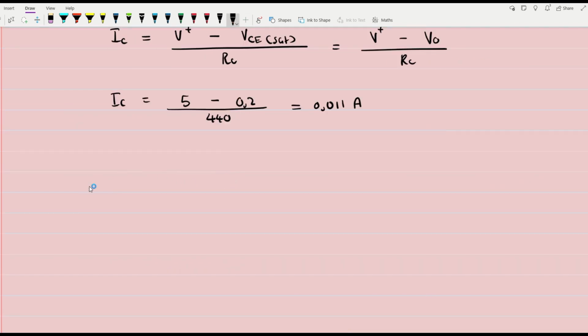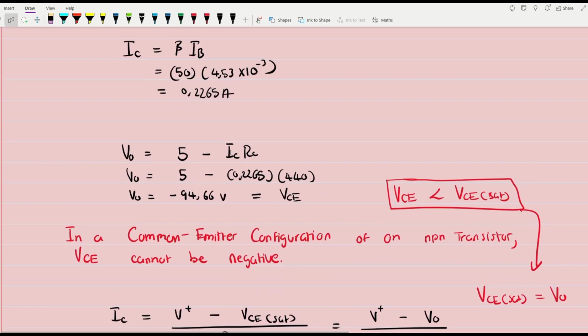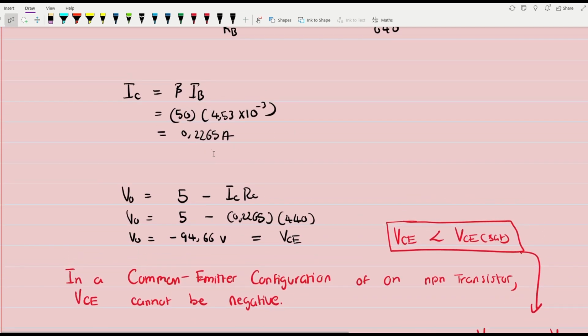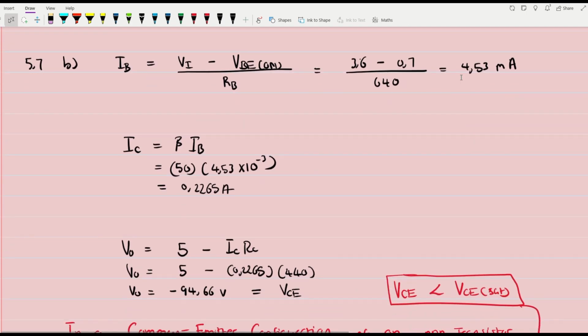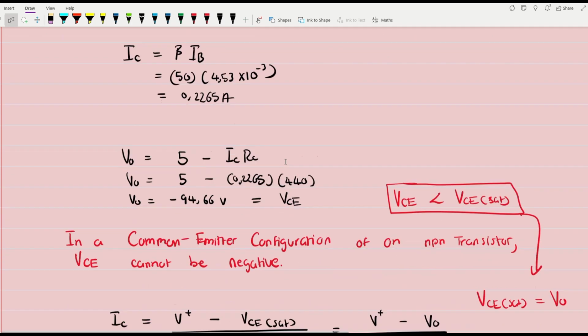Now we have to calculate the power dissipated by the transistor. PT is equal to IB multiplied by VBE on, plus IC multiplied by VCE saturated. IB we calculated previously, so we have this one, 4.53 milliamperes.